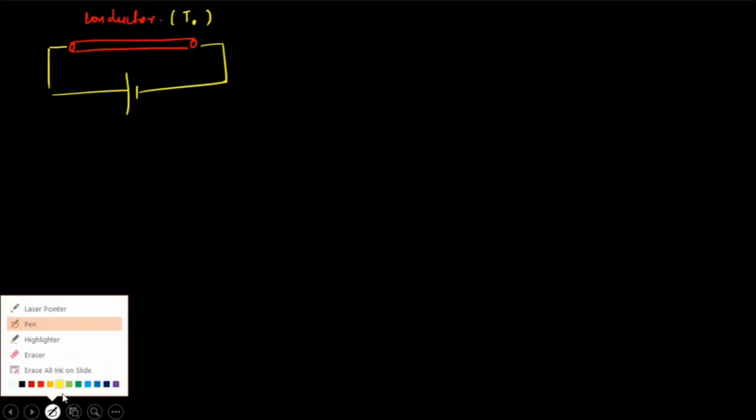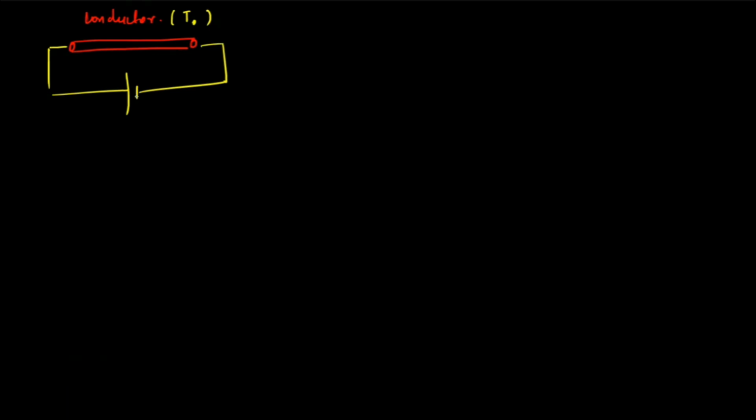Now, as this conductor starts getting heated, its length will change. So we can assume that initially the conductor possesses some length L. Finally it must have some length L plus L naught, you can say.